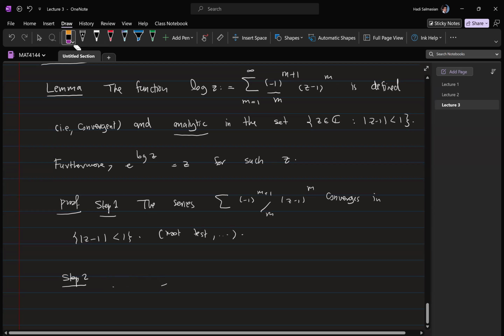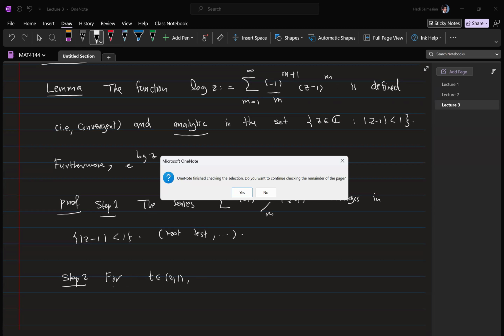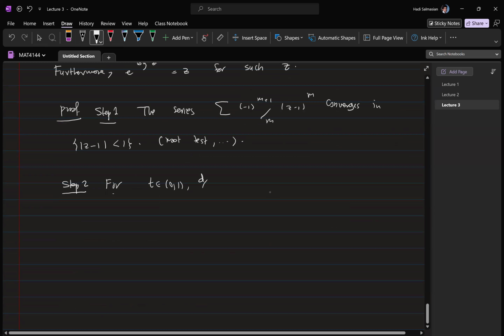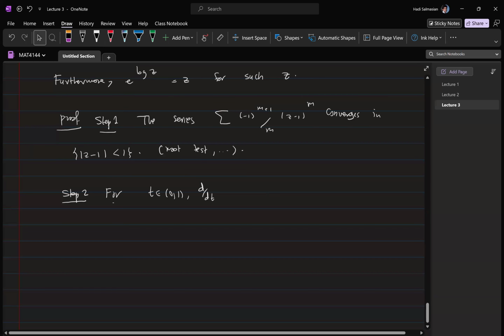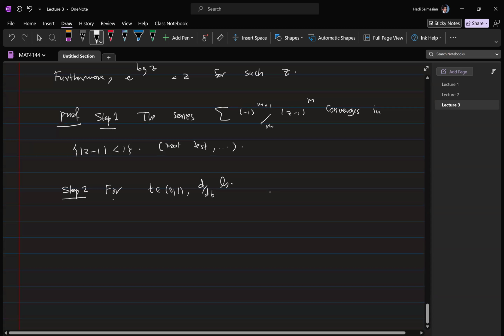So for t between 0 and 1, we can differentiate because we have a series which is analytic, so we can still differentiate. That's also another issue, whether we can or we cannot differentiate. But we could do d dt of log 1 minus t.